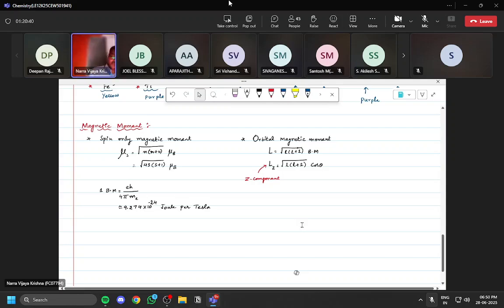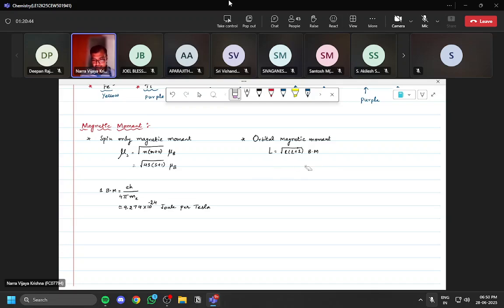Understood or not? If I add both, what will you get? Let me write this as capital S and this as capital L. The sum of capital L plus capital S is called total magnetic moment.